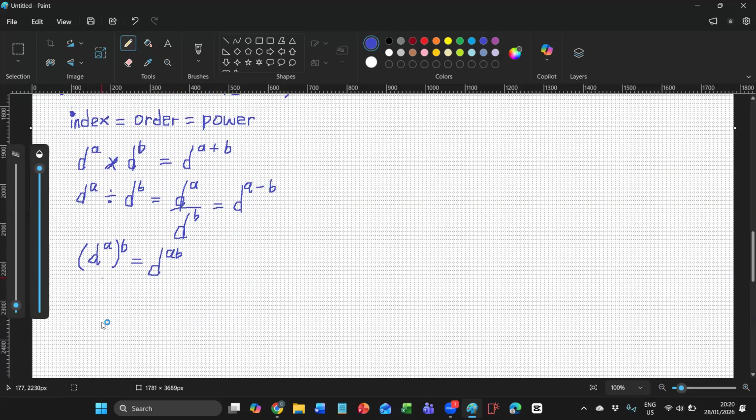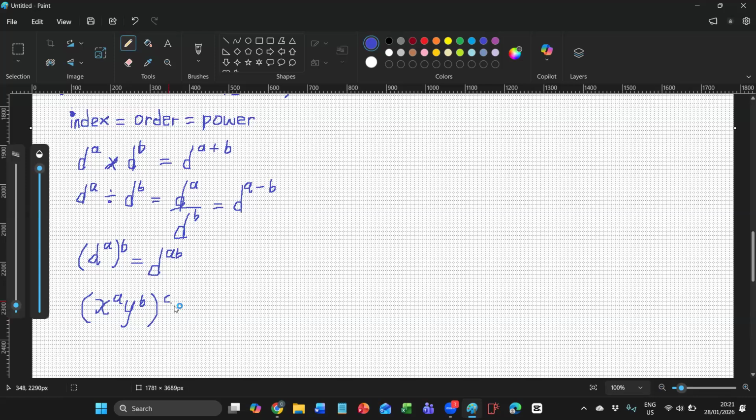This is an extension. It says that when you have x, I'm free to use x again now, x raised to the power of a times y raised to the power of b, and then their product is raised to the power of what?